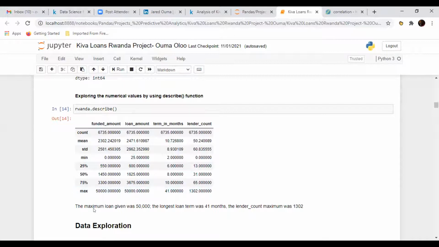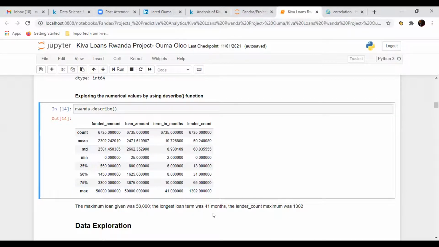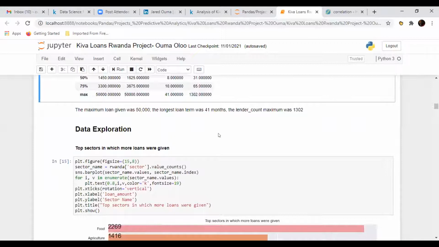So I got the maximum loan given was about 50,000 US dollars, which you can see at the maximum here. Then the longest loan term was 41 months. Under the loan term months, you see it is 41. Then the lender count maximum was 1,302.